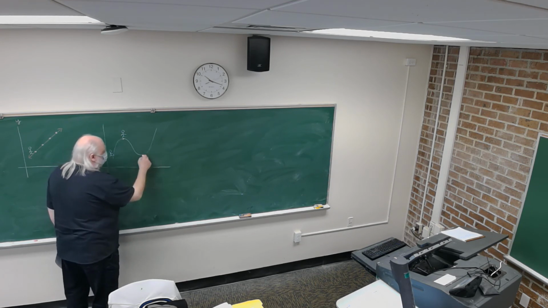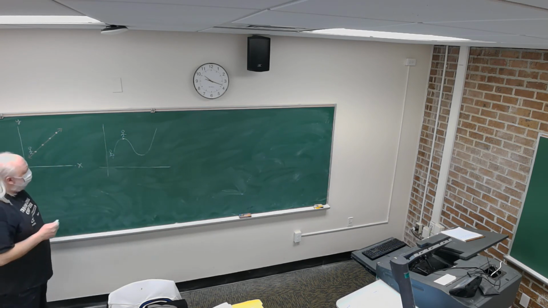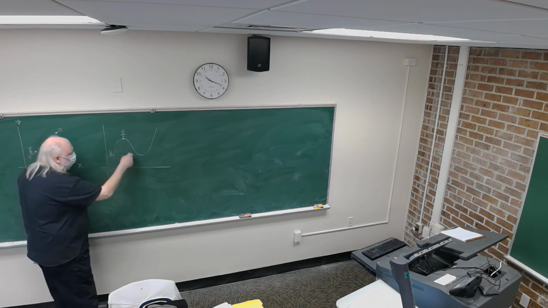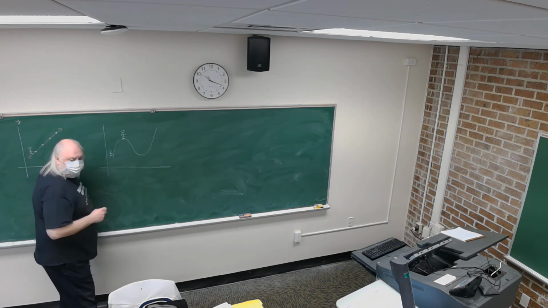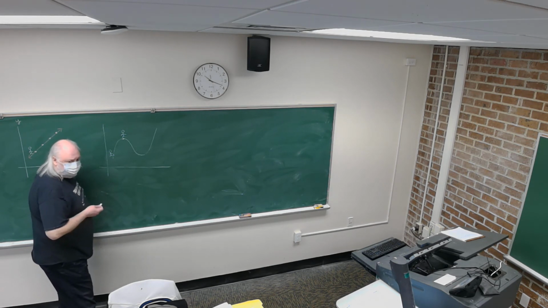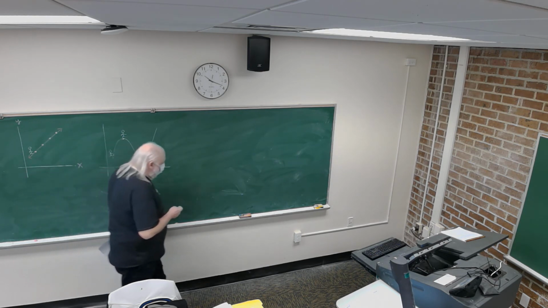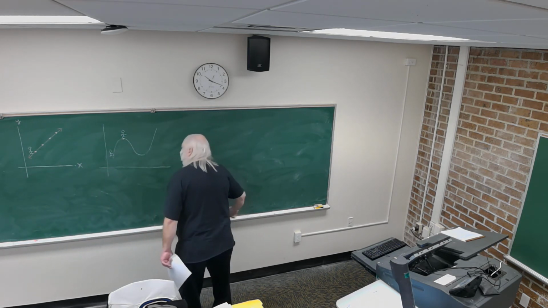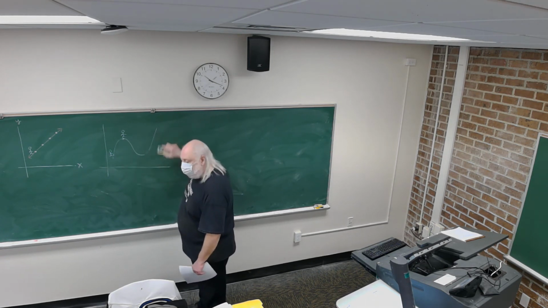And then as I keep walking uphill, it gets steeper and steeper. So how do you calculate the slope or the steepness at each point on a graph like this? That's what calculus is concerned with. Well, we know how to do that. We know how to calculate the slope or the steepness at each point on a graph of a curve like this.